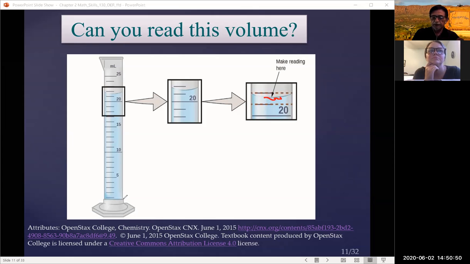In some instruments the 0 starts at the bottom like this one, and we go from 0 to 25. So this meniscus would be 20, and that could be 21, depending on the units, not the other way around. So be aware of where your 0 point starts. And when you read this, again, read the bottom of the meniscus. I'm sure you'll see some diagrams down the road asking, what is the volume of this liquid?